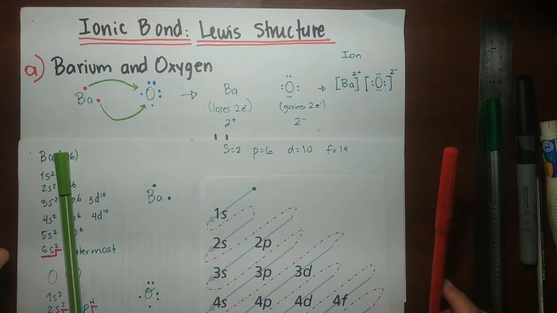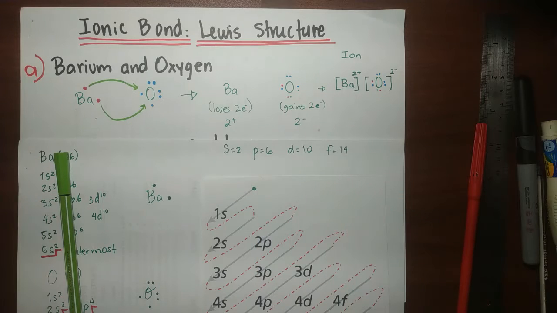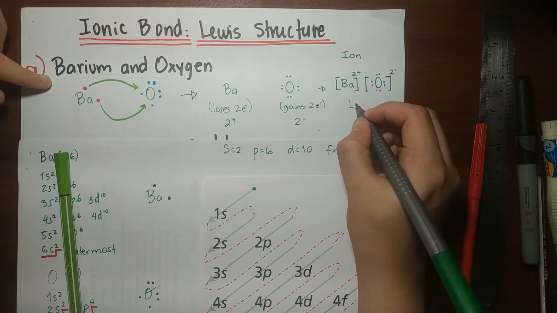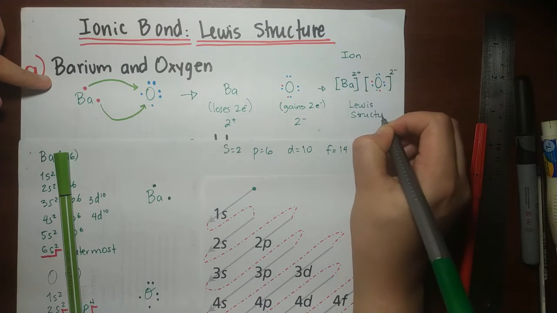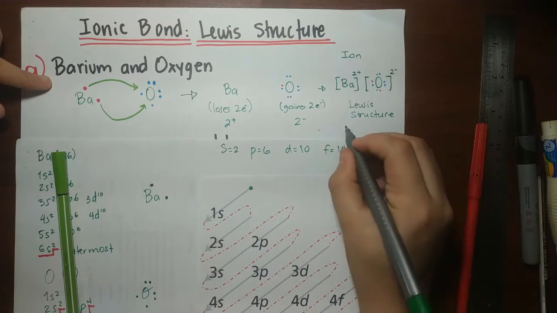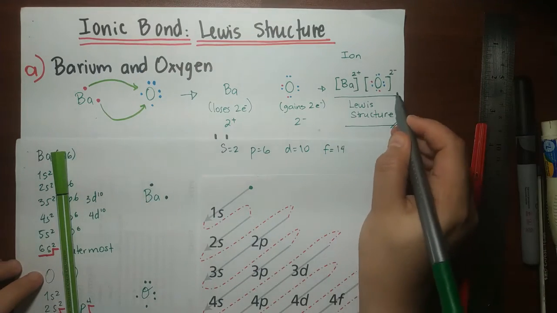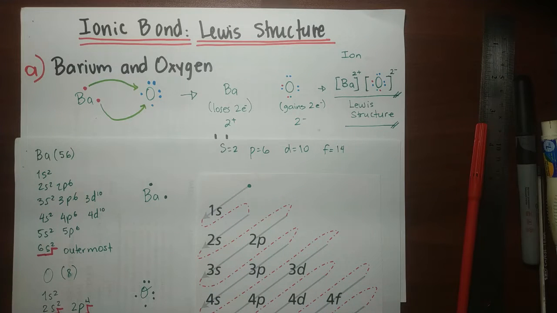So this is basically the Lewis structure for a bond between barium and oxygen. That one is okay. So as you can see, it's kind of easy. We basically apply everything that we have learned so far, and it's cool.